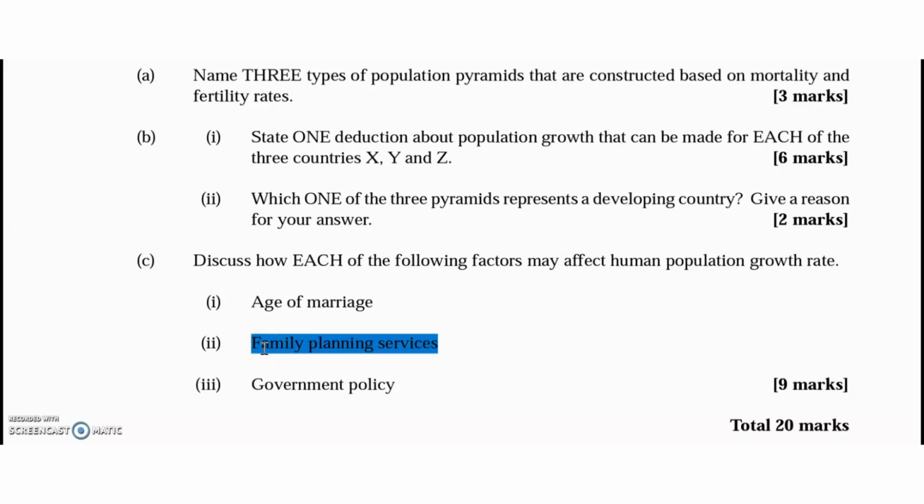Now, the second one is family planning services. Family planning services revolve around that tertiary activity, which tends to encourage couples and families to make informed decisions, couples especially, in terms of when is the most appropriate time to have children.